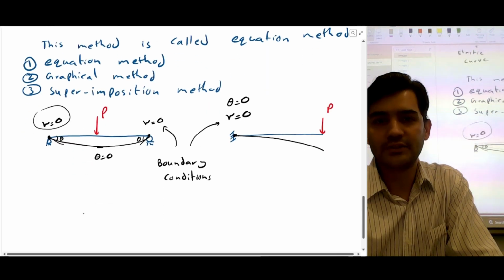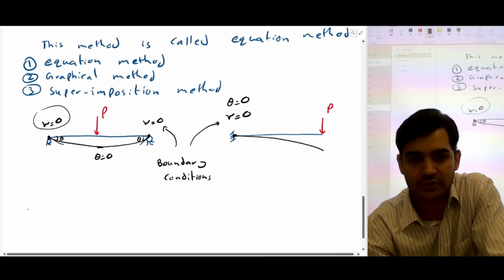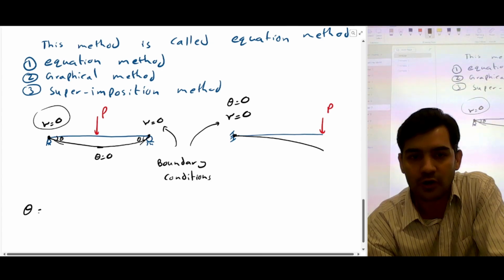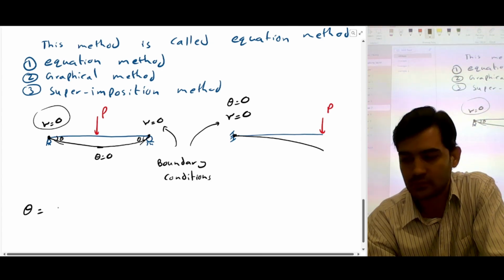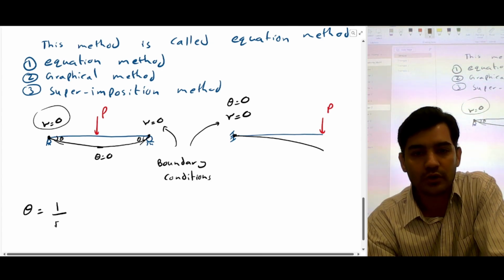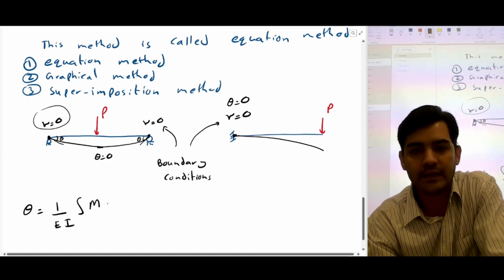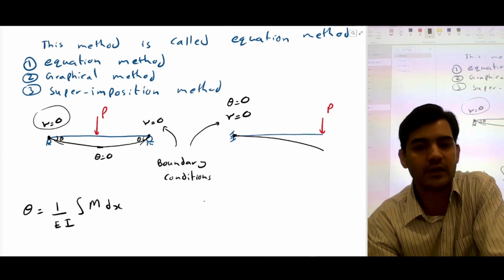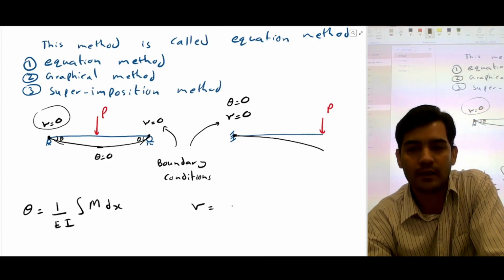And I'm going to write the equations because these are super important. For bending angle, you multiply by 1 over EI, and then integration of moment gives you the bending angle. And for the displacement, you have to integrate the bending angle.